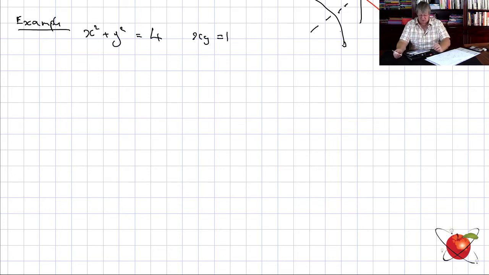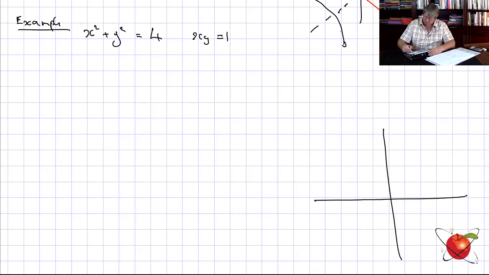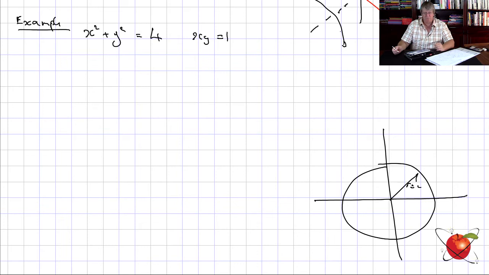What have we got here? In essence, x squared plus y squared equals 4 is a circle with radius 2, so it's going to go through 2 and minus 2. The next is xy equals 1.